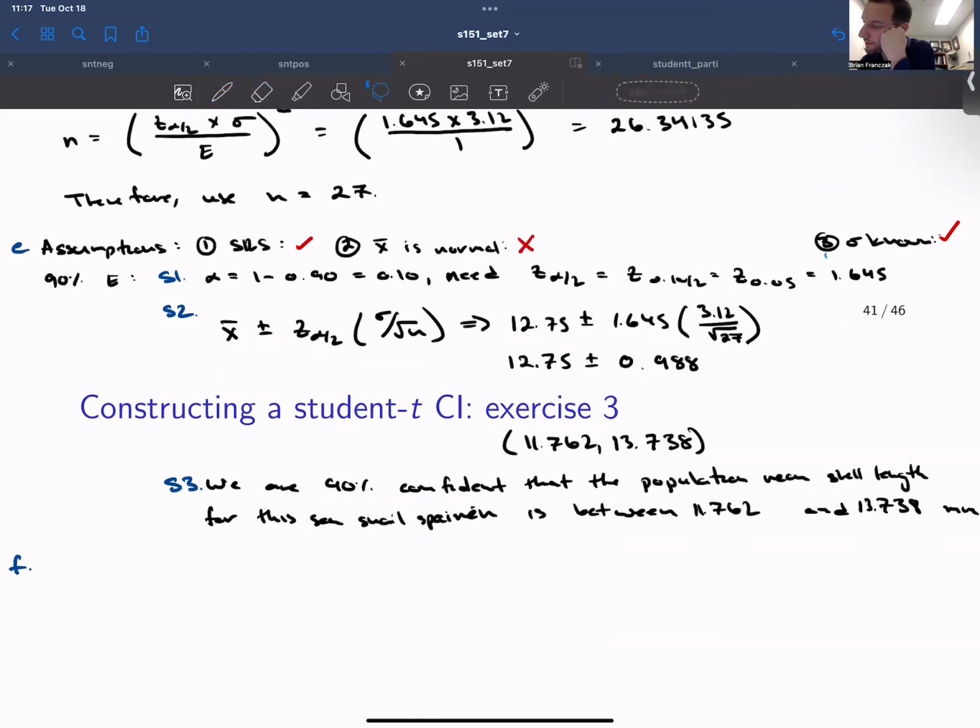Right. So we don't know anything about the population. Our sample size isn't big enough for the central limit theorem to take over. It just misses it. So none of this is true anymore.